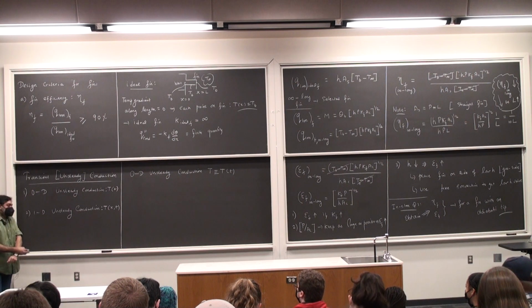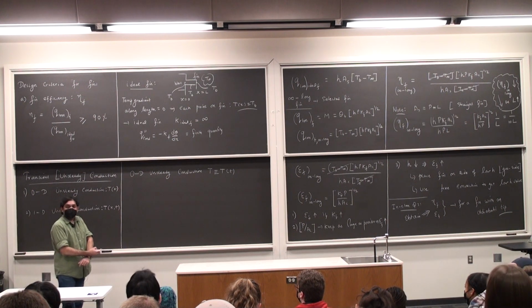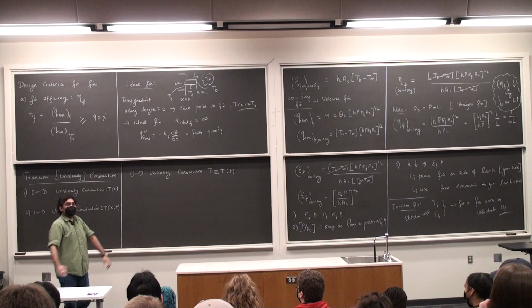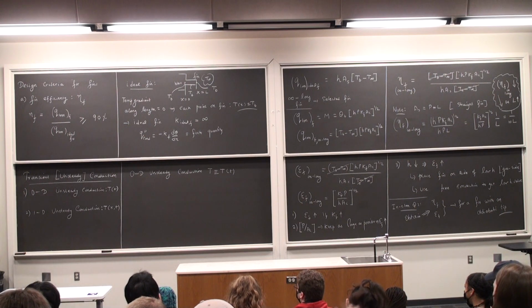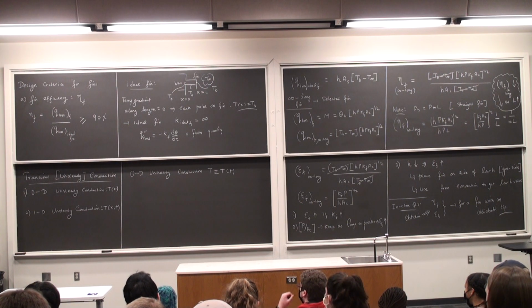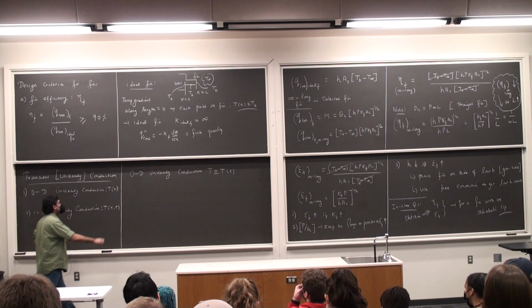You may have come across this criterion as the Biot number criterion, and they would have just told you it has to be less than 0.1. You will see why it has to be less than 0.1. Okay? Alright, let's begin the journey here.